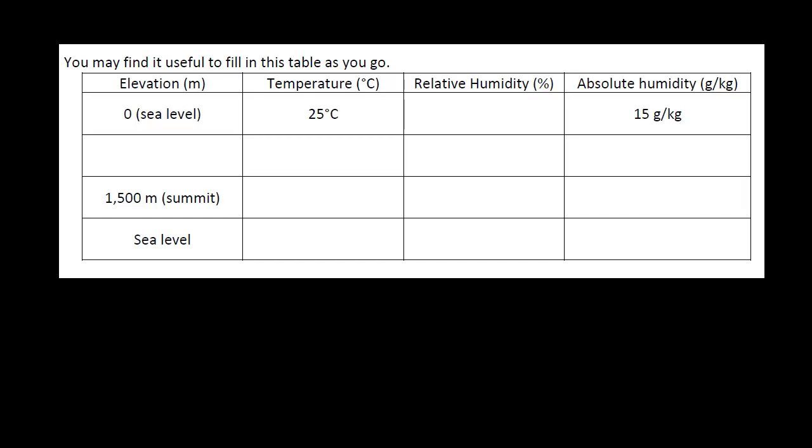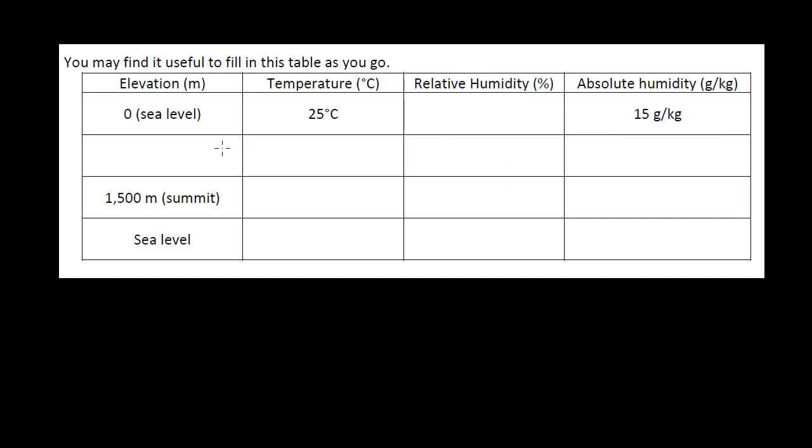Okay, here we have a humidity problem that involves tracking the relative and absolute humidity changes of an air mass as it rises over a mountain. This is a really good exercise to make sure you understand how to read the absolute humidity saturation curve diagram.